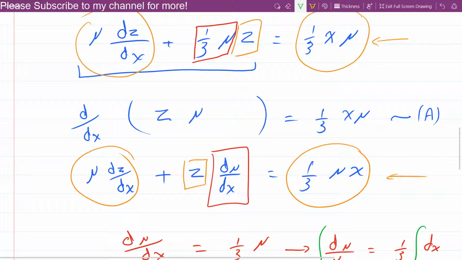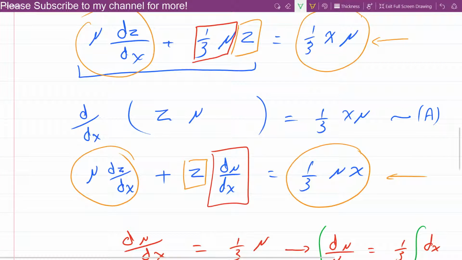Okay, so if I plug this back into equation A, I would get d over dx of z times mu, z e to the x over 3, is equal to 1/3 x e to the x over 3.